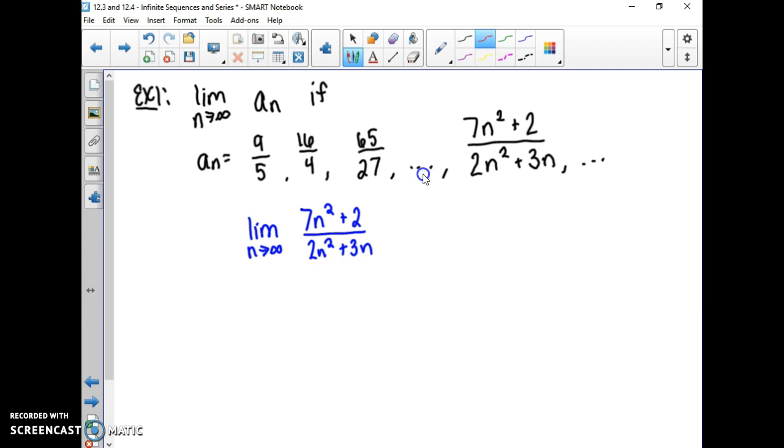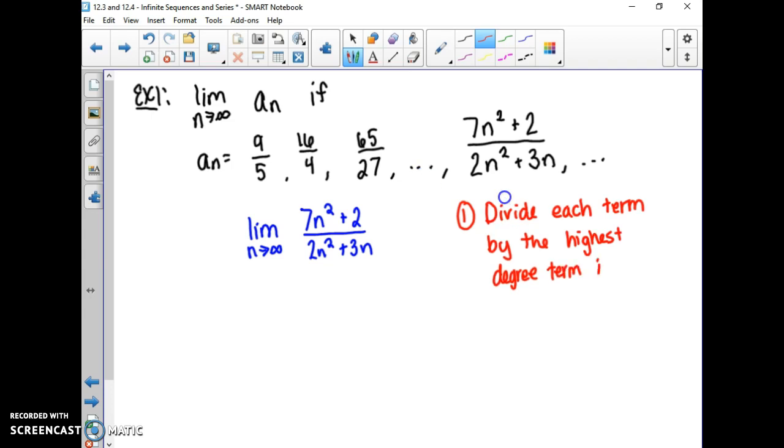So the first thing we are going to do to solve these limits is we are going to divide each term by the highest degree term in the denominator.